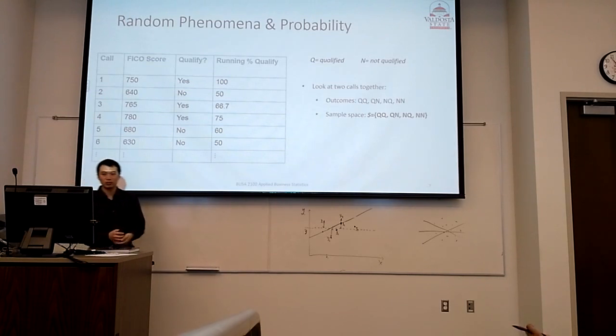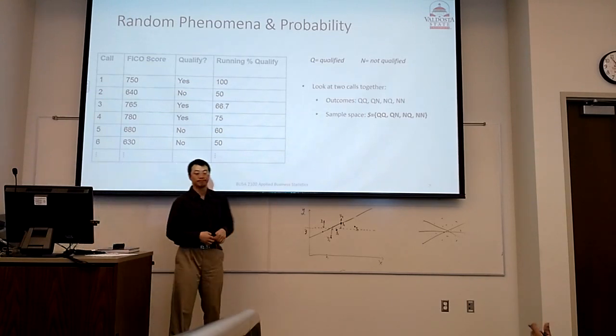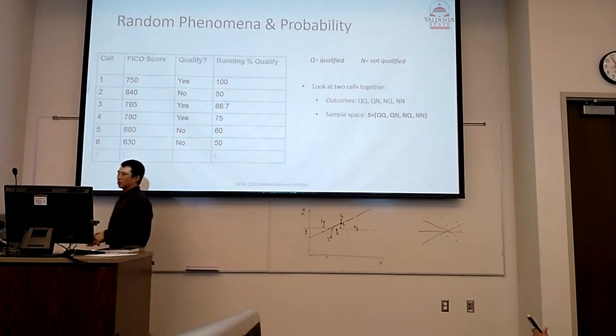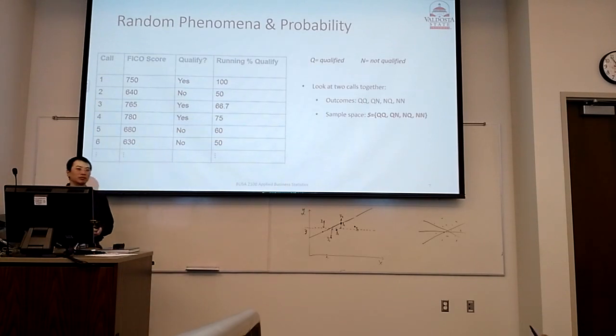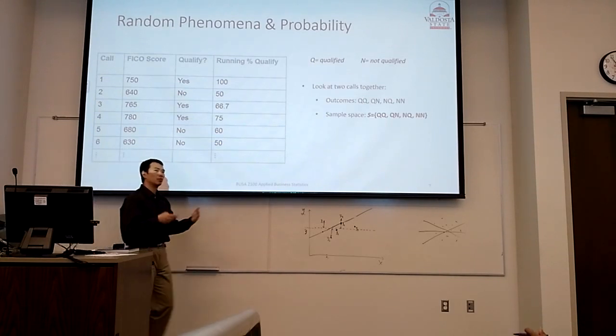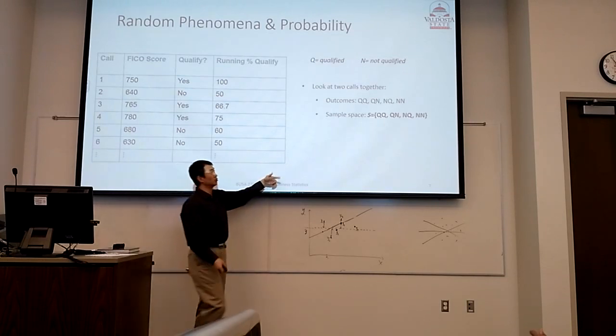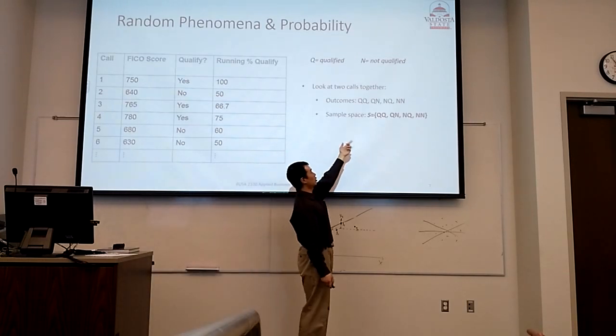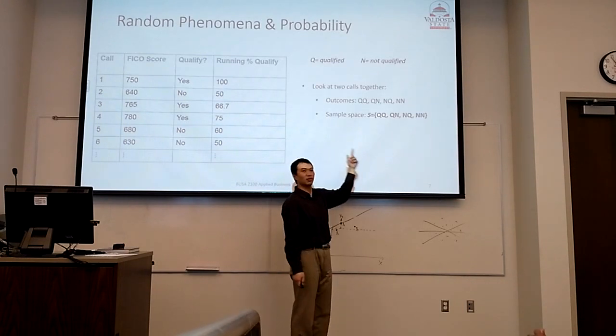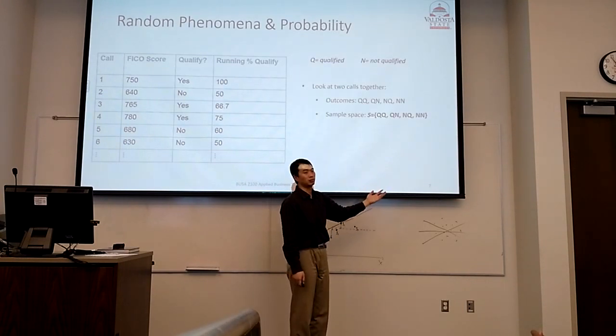But if we look at two calls together, what are the possible outcomes? Both applicants are qualified. That's one possible option. Another option, the first one qualifies, the second one not.